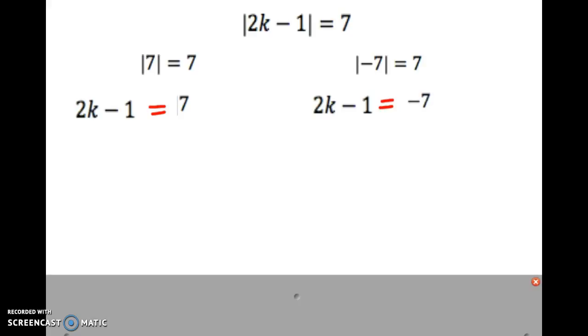Notice we do not change anything that's inside the absolute value. We strictly set it equal to both the positive and the negative part of the answer. As far as solving, we'd add the 1 first.